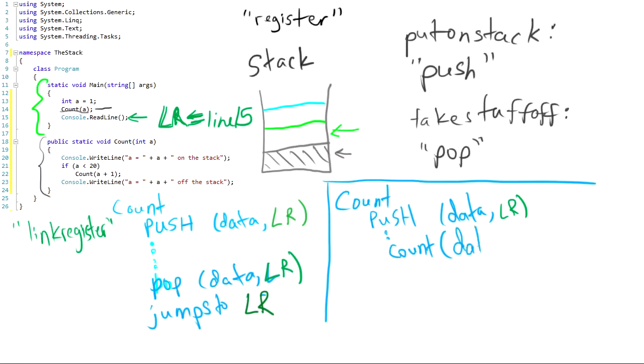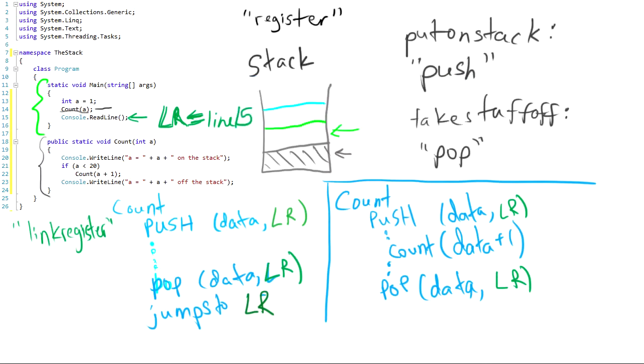Like I said before, even if you call another method, it still does all this pushing and putting on the stack. It's just that you can't really see the effects of it, because the other method you would be calling inside of this method is already popping for you before returning. So it seems as though nothing actually happened whenever you return. Then you do other stuff, and then you pop the data and the link register.